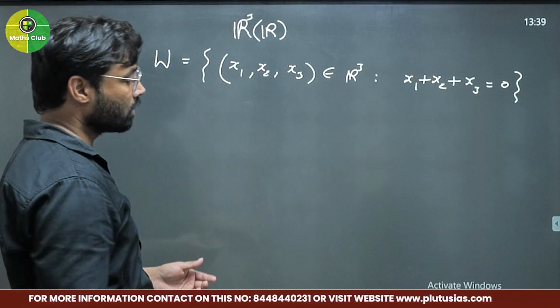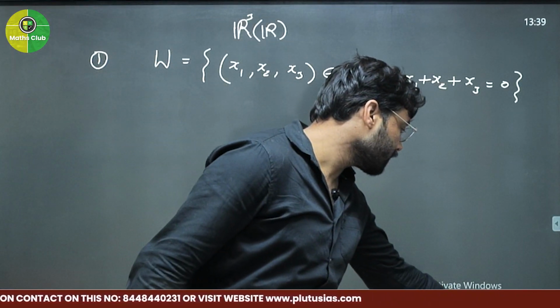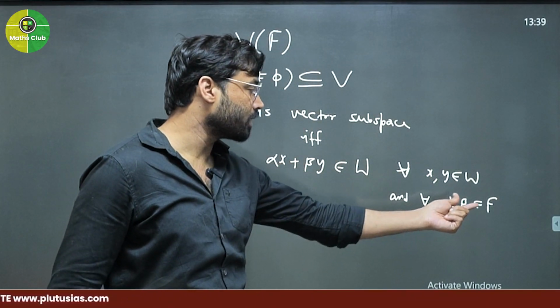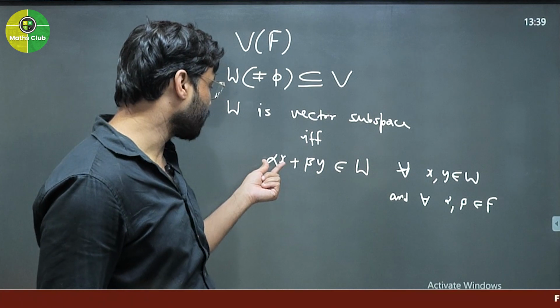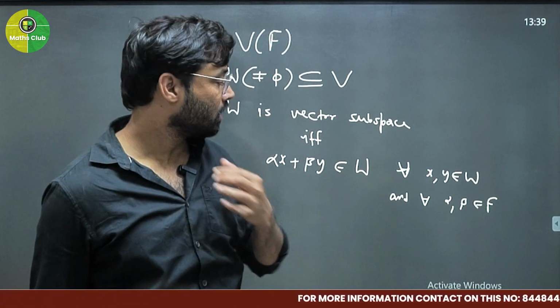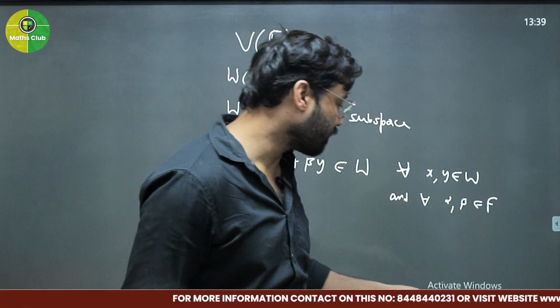For that, just take any two arbitrary elements x, y of W and take alpha, beta from F and try to calculate alpha x plus beta y. If alpha x plus beta y also belongs to W, then it will be a vector subspace, otherwise not.